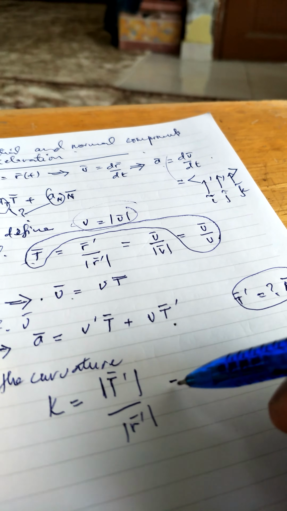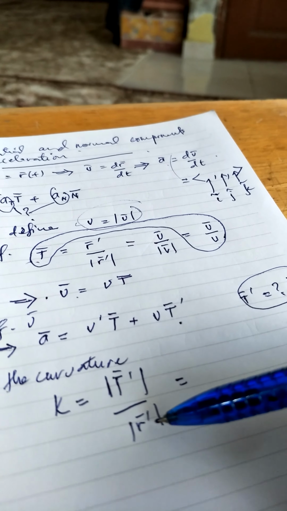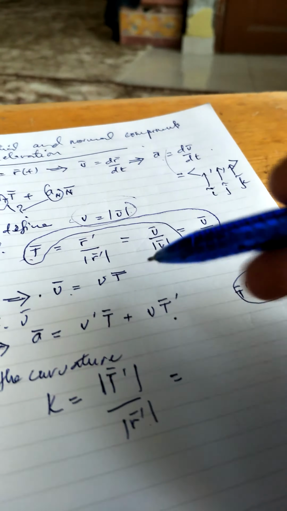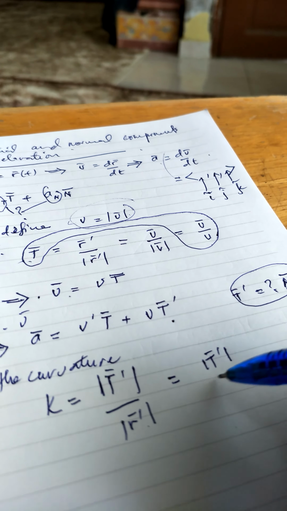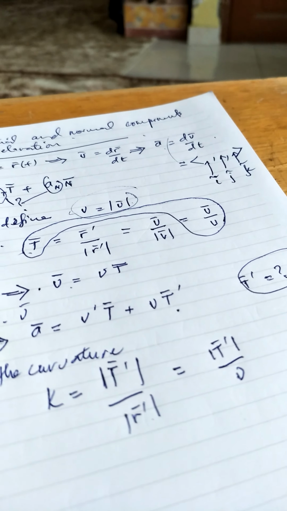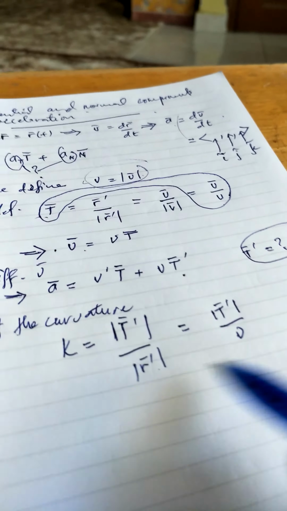Our r prime is given as v, so we have magnitude of T prime over v. So rearrange those.